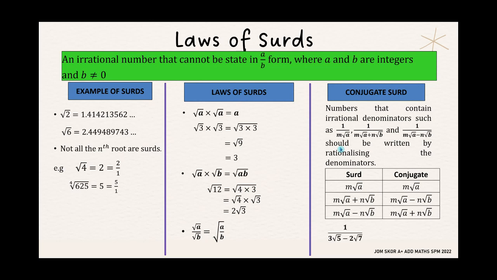So, let's say teacher ada nilai ini. Teacher ada pecahan ini. And my denominator is 3 set 5 minus 2 set 7. So, teacher perlu rationalize. So, to rationalize the denominator, we have to multiply the denominator and numerator with the conjugate of the denominator. Okay, nampak ni?